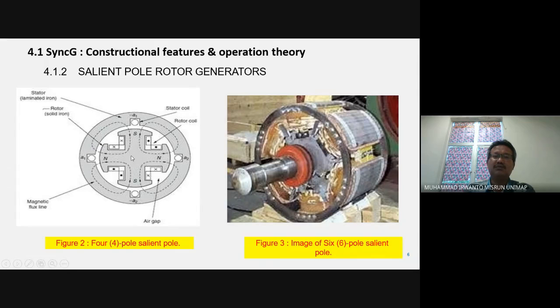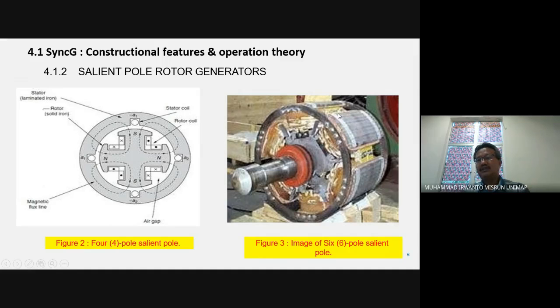So the rotor moves and produces a rotating magnetic field that reaches the stator, meaning the stator is induced with a voltage. So the terminal of the stator will produce the voltage also.